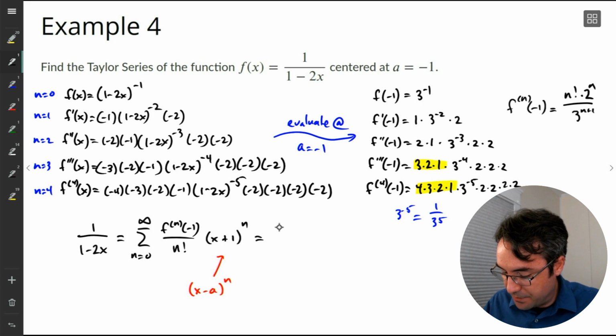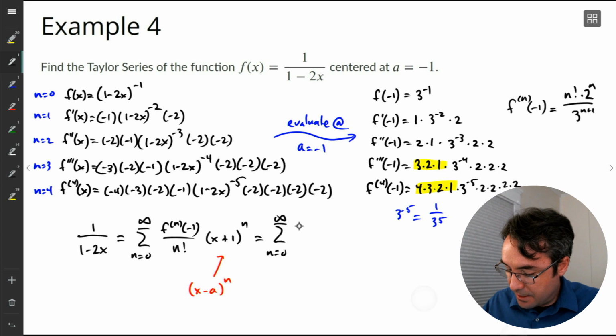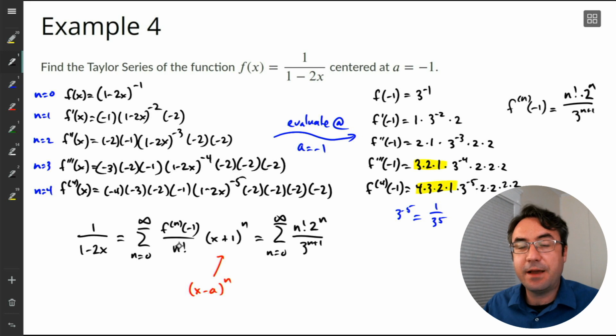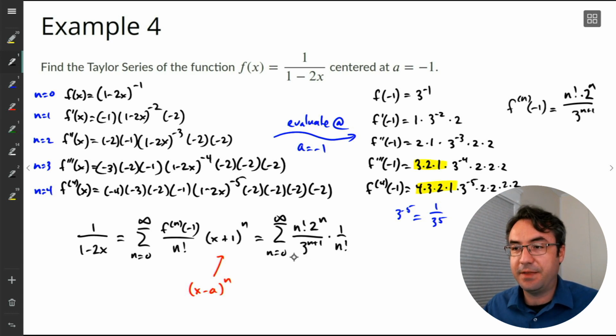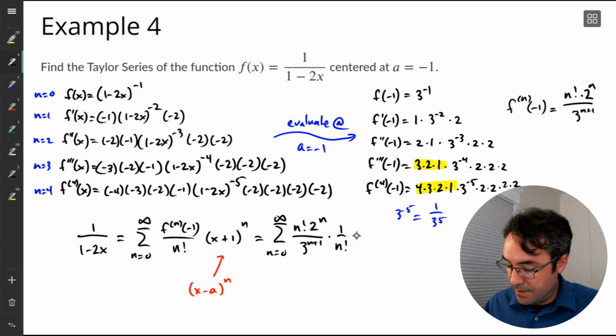So we're going to end up with the sum from n equals 0 to infinity of n factorial times 2 raised to the n divided by 3 raised to the n plus 1. And then we have this 1 over n factorial. So we could just divide that by n factorial. I'll just write it as multiplication by the reciprocal, so 1 over n factorial there. And then we have our x plus 1 to the n.